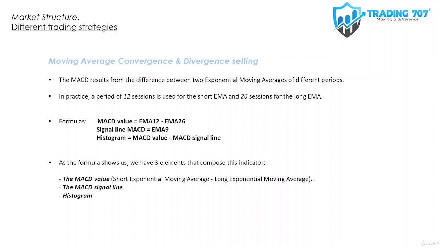You can see the different formulas. As the formula shows us, we have three elements that compose this indicator. The MACD value, which is simply the result of the short exponential moving average minus the long exponential moving average. We have the MACD signal line and the histogram.